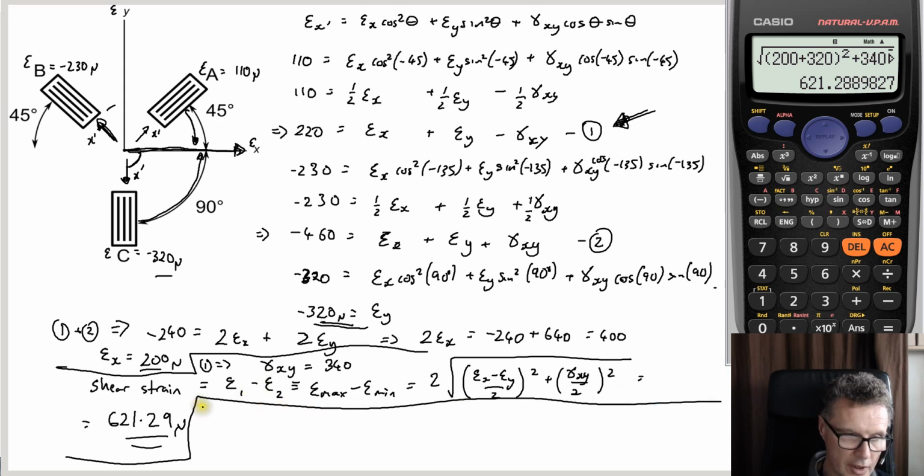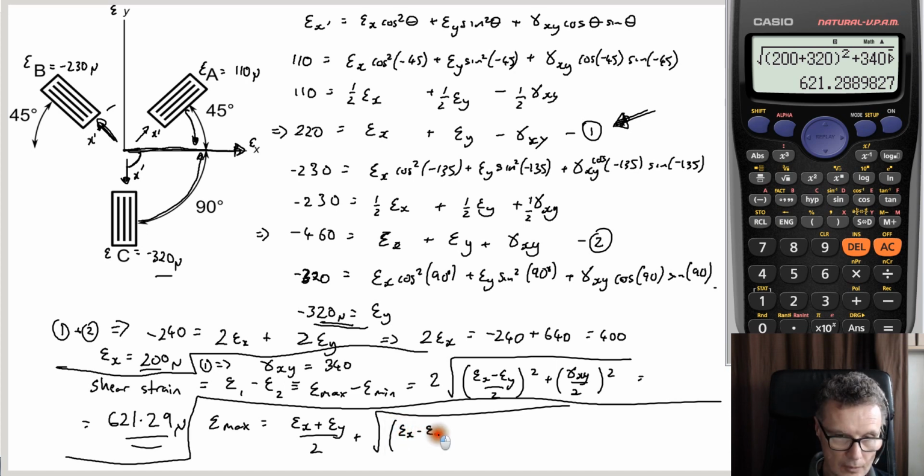Okay, and then the final thing would be to find, let's say, the maximum strain. Probably interested in the maximum and the minimum. And we use this equation here. Okay, so this will be half this value.